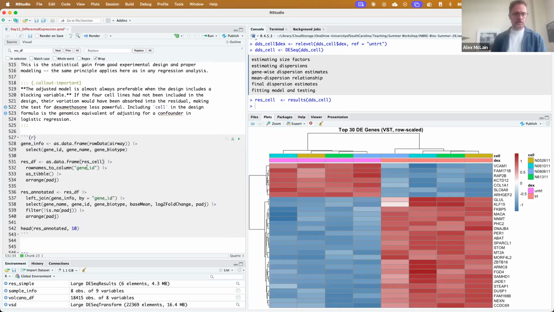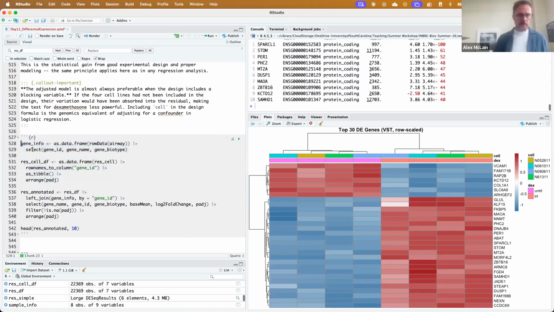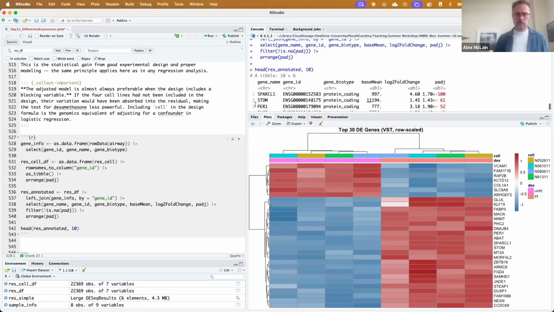So now I'm creating the results from the new analysis, turning it into a data frame, adding the gene ID as a column, again arranging by the adjusted p-value. We have the gene info up here.